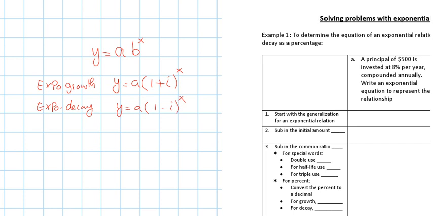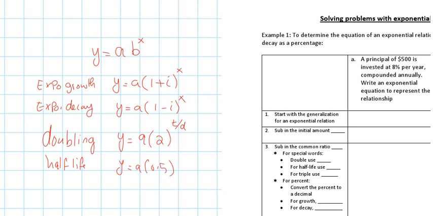And then we had the doubling life, which is y equals a times 2 to the power of t over d, where d is the doubling life. The half-life is y equals a times (1/2) to the power of t over h. Okay? So we're going to use these whenever we're solving word problems.